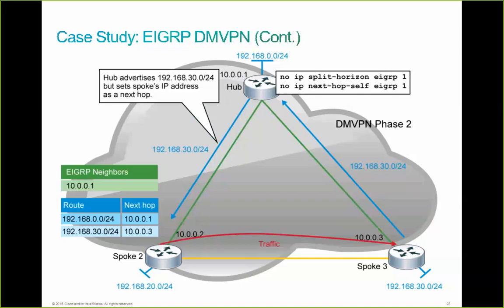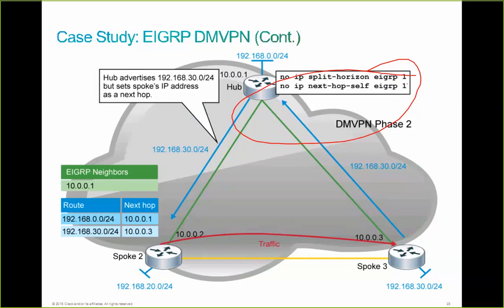If we take a look at the spoke 2 routing table here, it receives the 30 subnet from the hub router, but it takes spoke 3's IP address as the next hop. And that's because we implemented this no ip next-hop-self command under the EIGRP configuration process for the DMVPN configuration. Does that make sense?